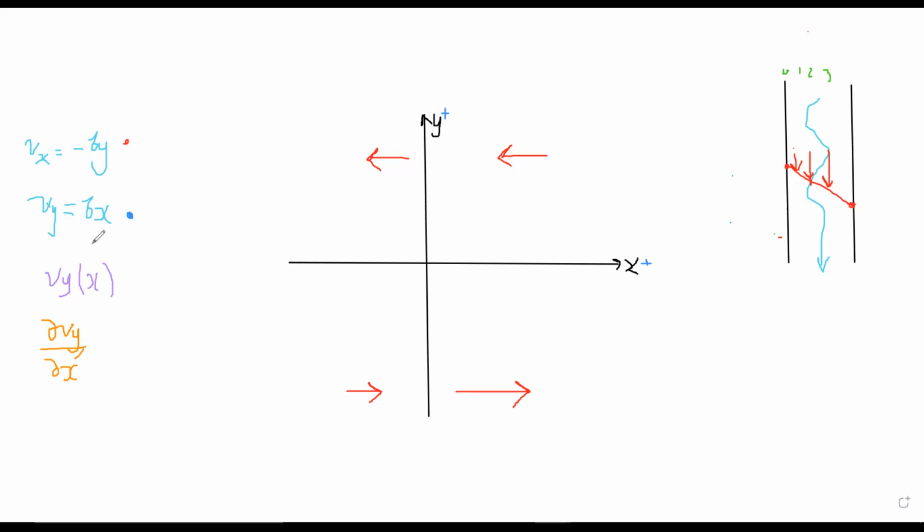That means that the velocity in the y direction is now in the positive y direction. We show this by going up, right? This is also the positive x region because all these numbers are positive. Same thing applies here. For negative values of x, Vy is negative. Velocity in the y direction is now in the negative y direction. So for this region on the left-hand side where x is negative, velocity will be pointing away from the positive y direction.